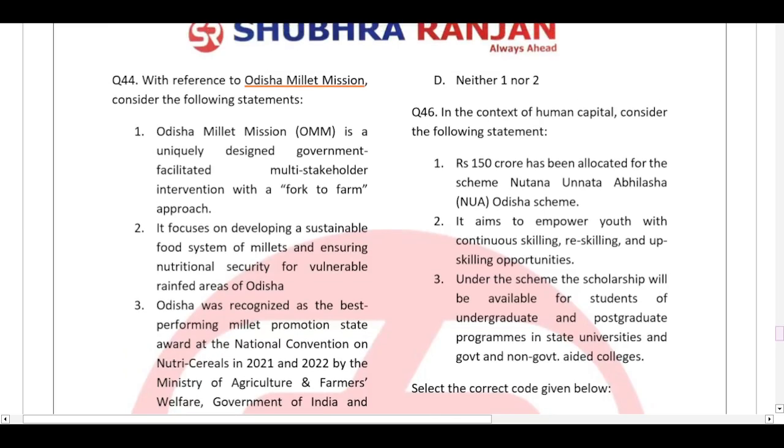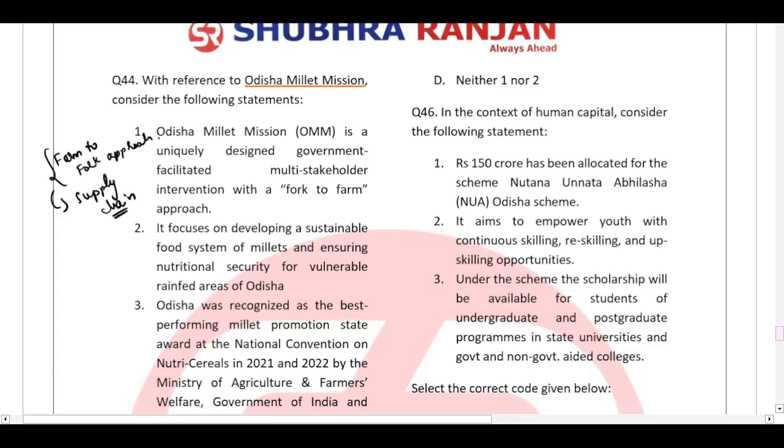Question number 44. With reference to the Odisha Millet Mission, consider the following statements. Odisha Millet Mission is a uniquely designed government facilitated multi-stakeholder intervention with a farm to fork approach. When we say farm to fork approach, this concept is related to supply chain.